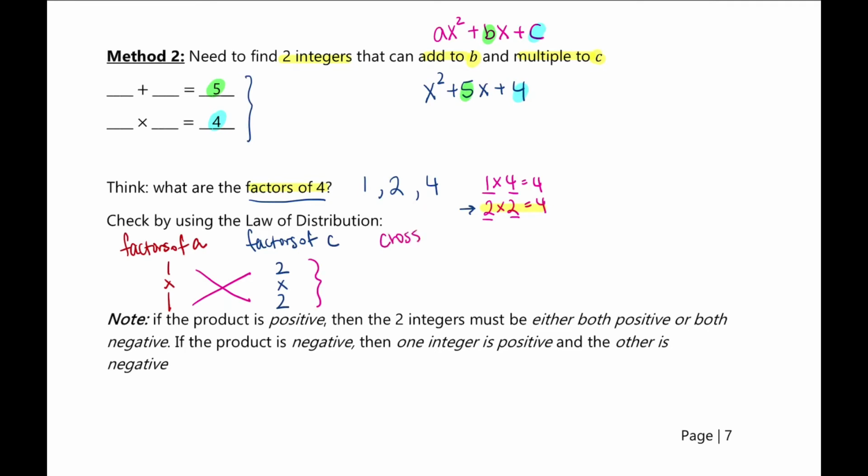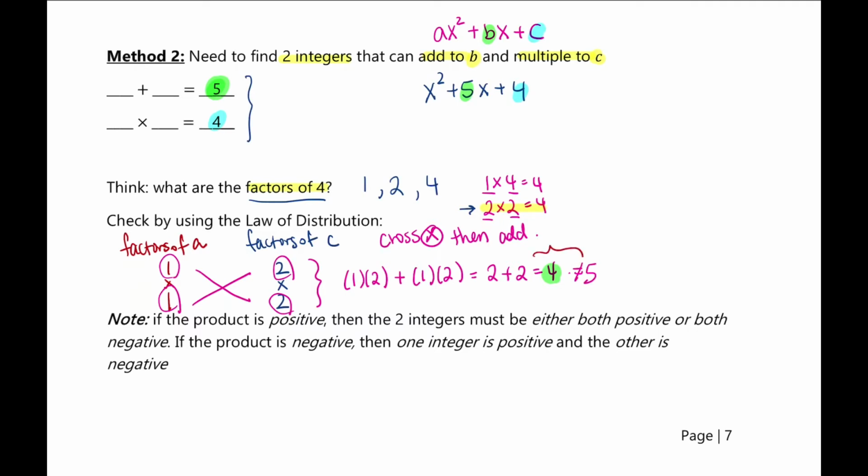So cross multiply, then add. Let's do 1 times 2, and then we are going to add another 1 times 2. We get 2 plus 2, which is 4. And this value here must equal 5. But it's not equal to 5. So this is incorrect. Our guess is wrong.